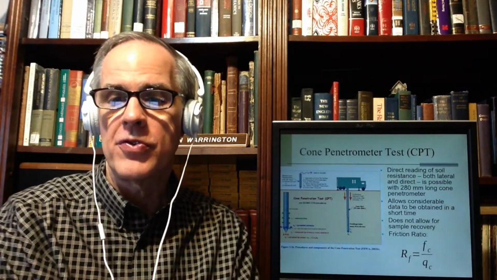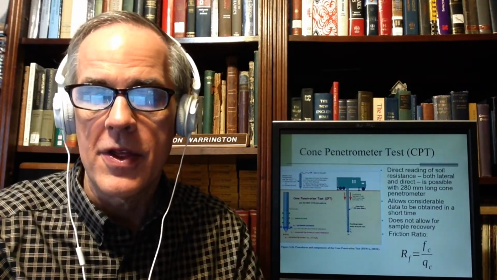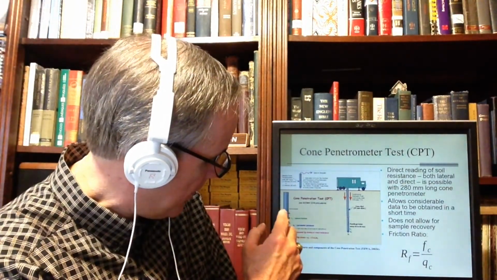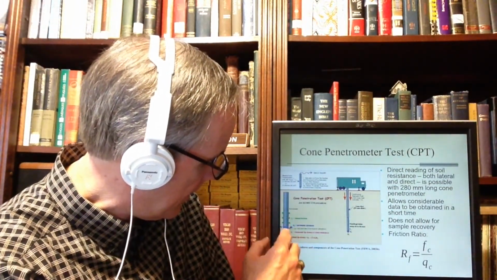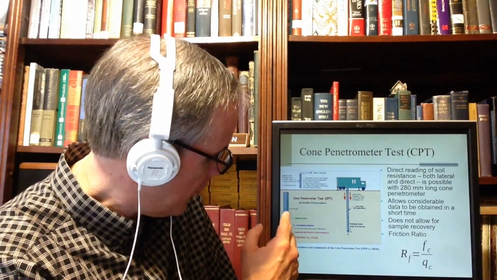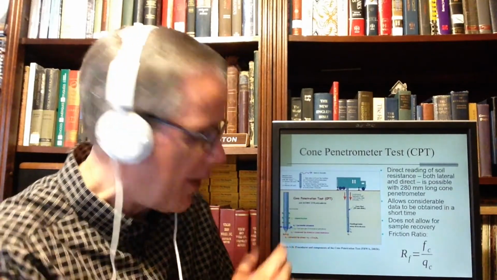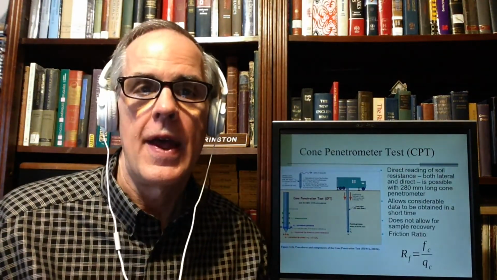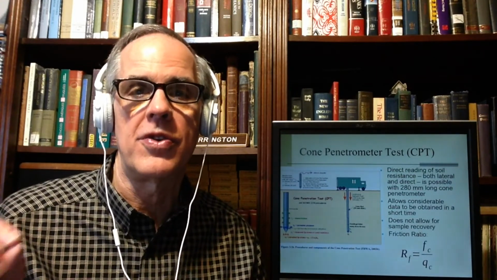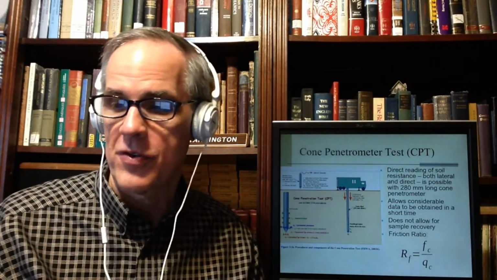The friction ratio is equal to the sleeve friction. That's a unit. You take the area, which is the perimeter times the length of this thing, and you take the force reading you get out of the cone, you divide by the area, you get friction. And the ratio between that unit resistance and the cone resistance is called the friction ratio.